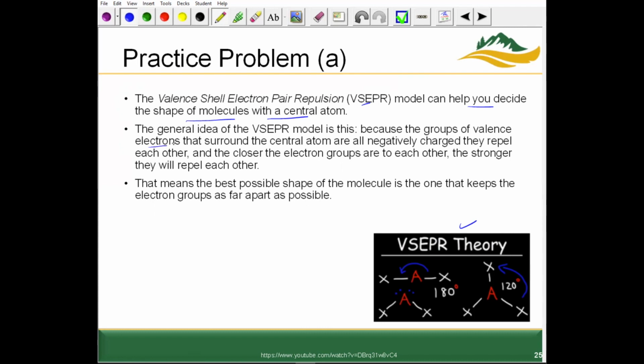Negatively charged electron lone pairs or bonds, they all want to spread out as much as possible because negative charges repel one another. To avoid having negative charges close to one another, we'll spread out those groups as much as possible, as seen by the different bond angles, or the different angles between lone pairs and bonds as well. So the best shape is going to be the one that keeps electron groups as far apart as possible.